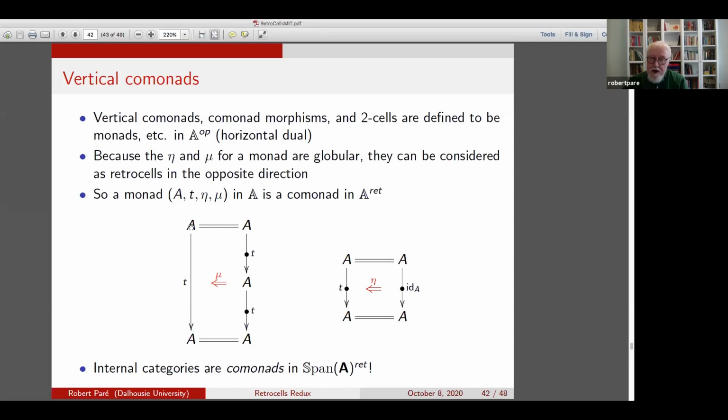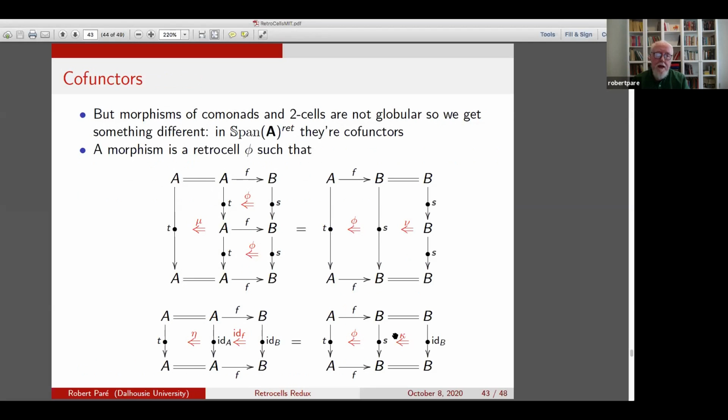The identity is going from A to A, from left to right, and the same thing here. So internal categories are comonads in Span ret, which is surprising. When David a couple of weeks ago was speaking about category objects being comonads of polynomials, I thought, that's weird, why should categories be comonads? Well, they are in a ret. So now I'm happy with that. Yes, let's see. What is this here?